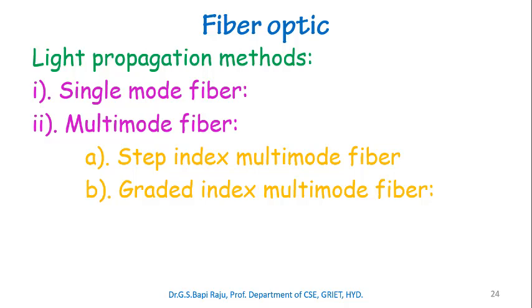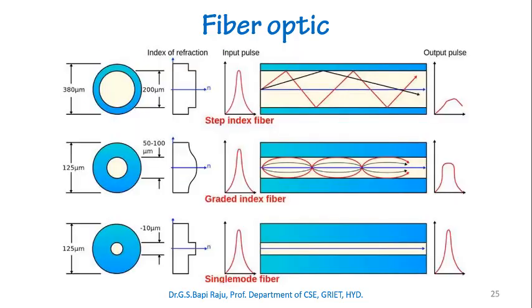So when you look at these propagation methods, as we have just seen, there are two modes. One is single mode fiber, and we have multi-mode fiber. In multi-mode, we have step index multi-mode fiber as well as graded index multi-mode fiber. Now we can see the differences between these.